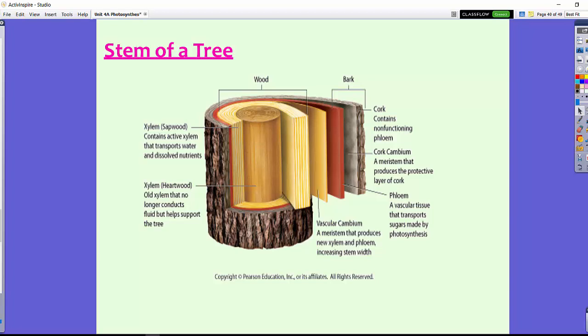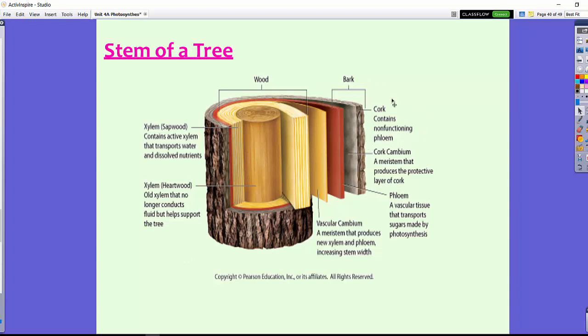In thicker trees, we can see lots of xylem, sometimes active xylem, but more likely than not, what we're looking at is the former xylem. As the tree grows, new xylem forms. We also have the xylem here, which is called heartwood. That's the inside stuff, the old xylem. It no longer conducts any fluid, but it still acts as support for that tree.